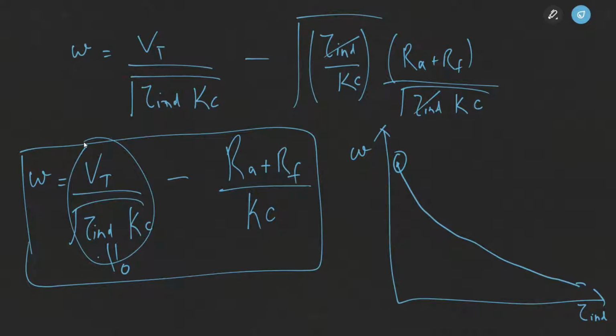So omega will become infinite. Even if it is not infinity, even if torque induced is close to 0, omega will be very large. So that sort of condition needs to be avoided.